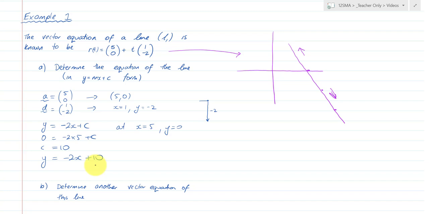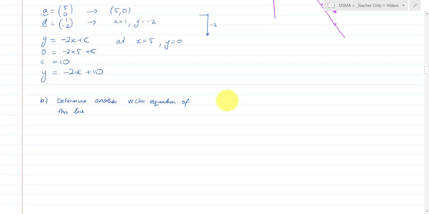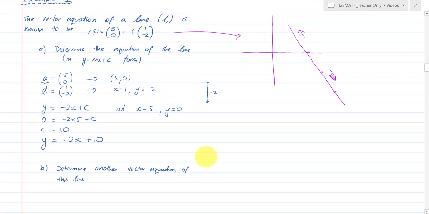But the vector form of it is a little bit more robust as we move into 3 dimensions. That's why we're mucking around with it in 2 dimensions now, but as we move into 3 dimensions, it becomes important. Now let's determine another vector equation of this line. It's important to recognize a couple of things here as well. We've got our gradient or direction here of (1, -2), and we've got our starting value.